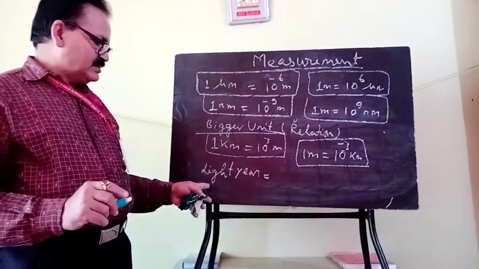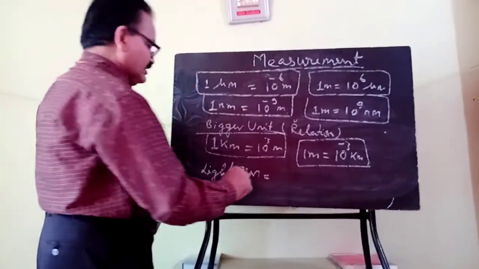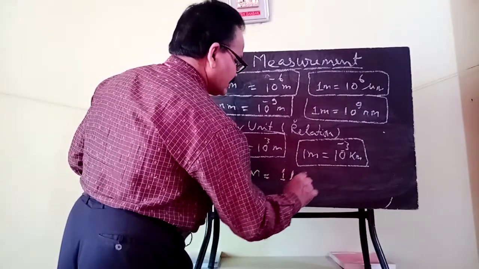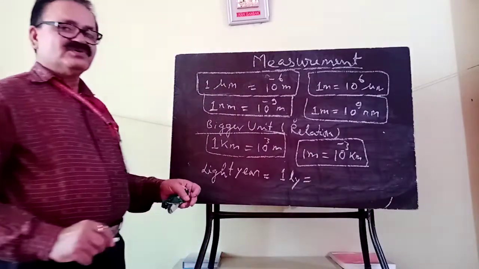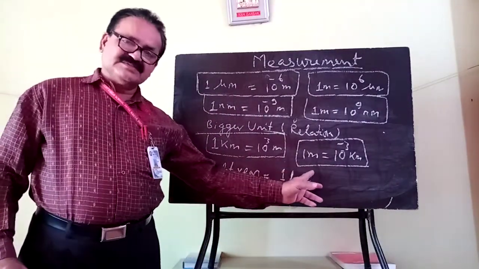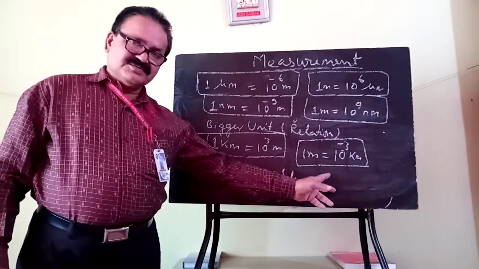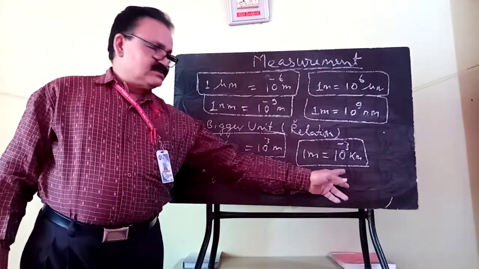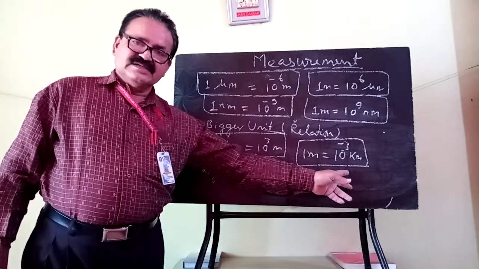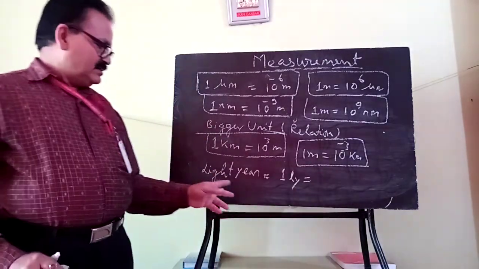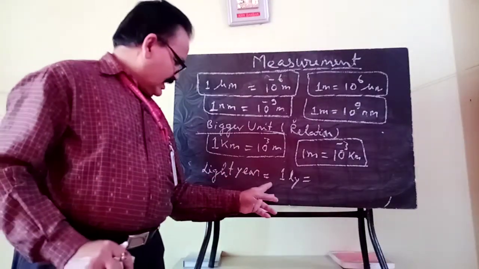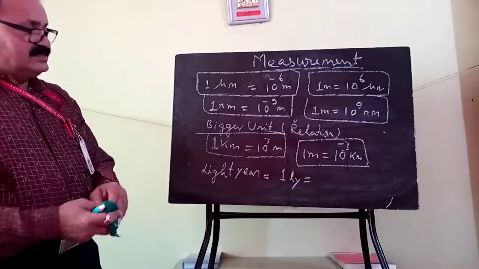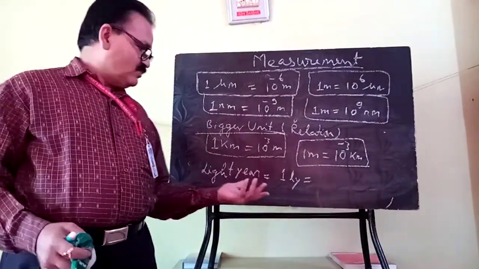So to calculate 1 light year, you have to multiply 365 days, 24 hours, and 1 hour equals 3600 seconds. Then you will get the time of 1 year.